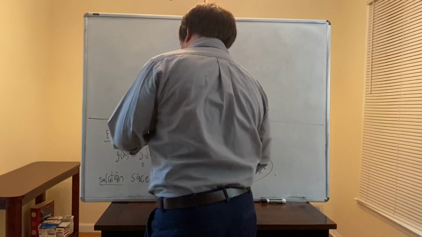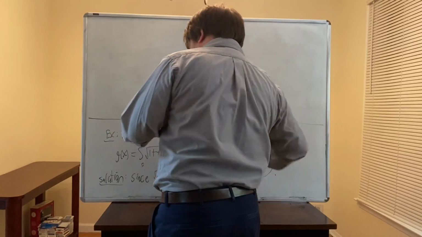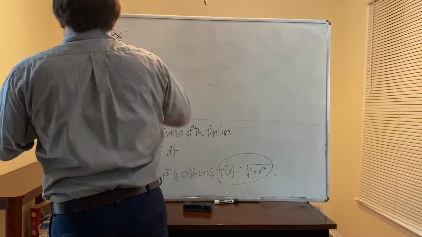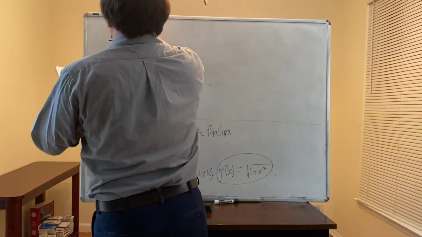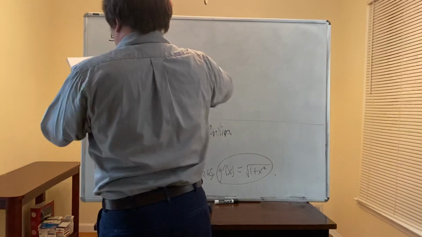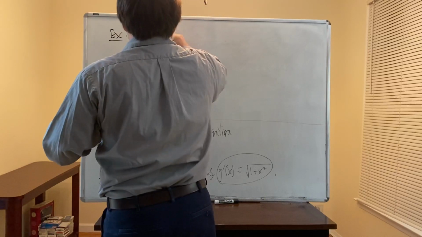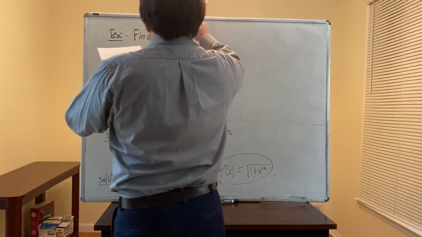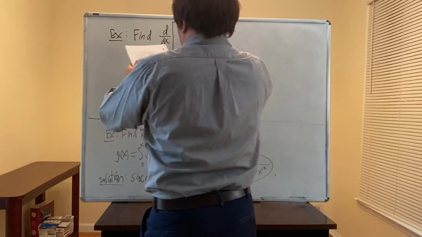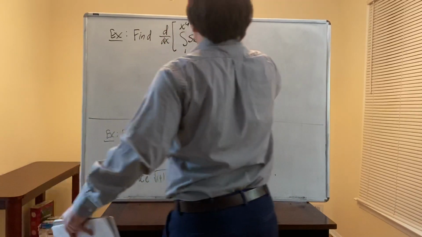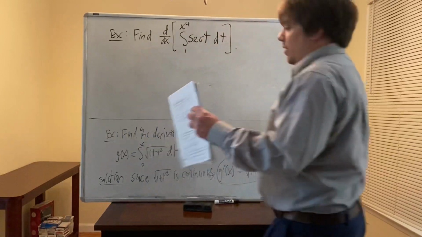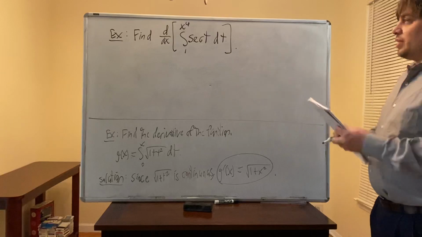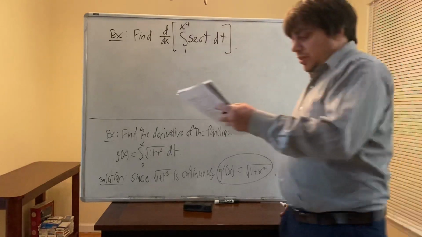Find d dx of the definite integral from 1 to x to the 4th of secant t dt. This problem has a bit of a trick in it. All right, so the solution.